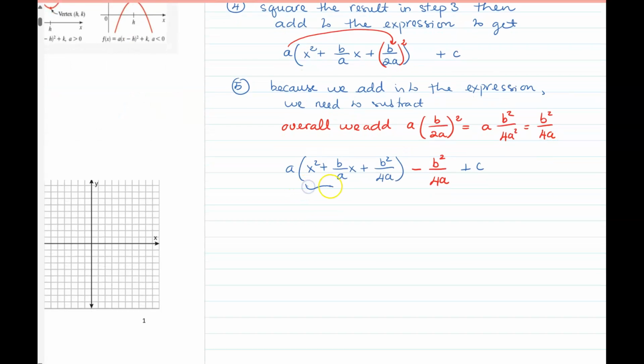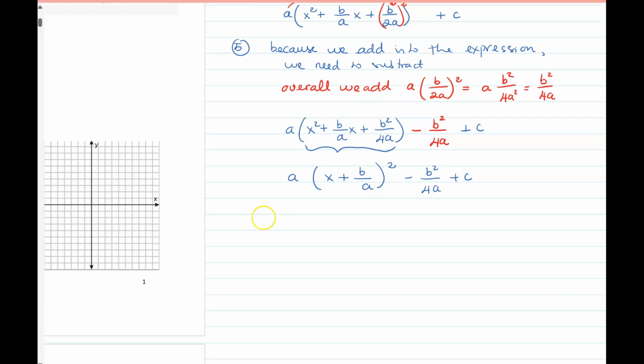So this portion here becomes x plus b over 2a squared, minus b squared over 4a plus c.